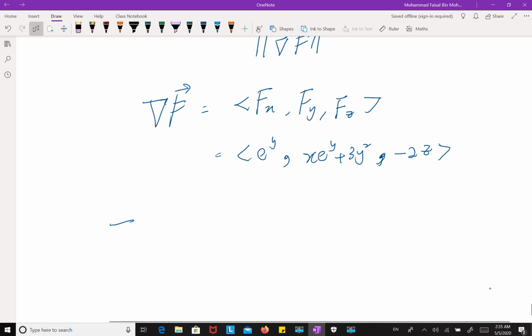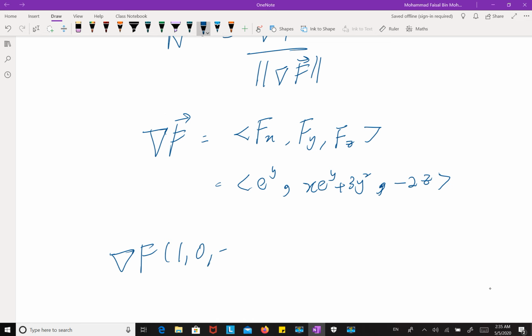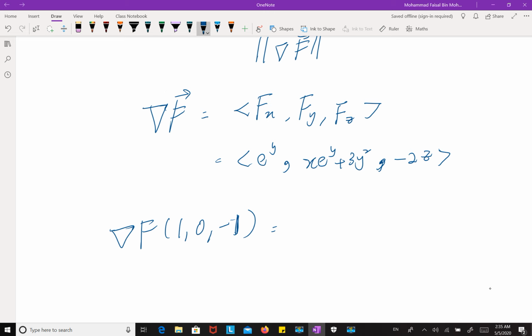So at (1, 0, -1), this will be e to the power 0, plus x e to the power 0, 1 times e to the power 0, and so on.